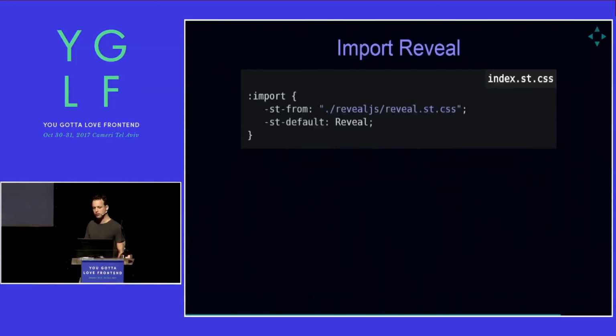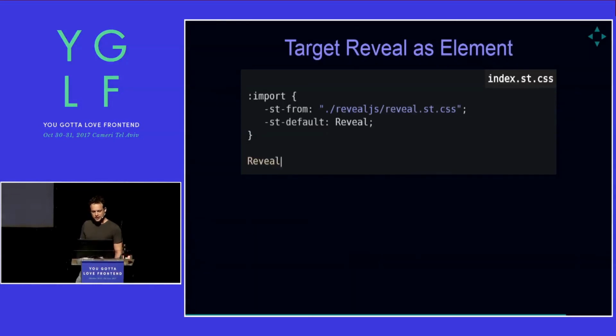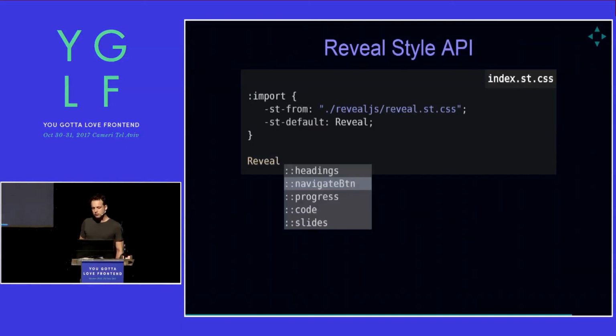So first of all, we can import the Reveal interface just like we imported the gallery or the icon button before. And this time, instead of extending it, giving a class the ability to be with a specific interface, we use it like we use a normal tag selector in CSS, targeting an HTML element. We get completions for what Reveal.js has to offer, and the interface I wrote. We can target the navigate button, which is the arrows at the top right corner of the screen, and we can modify their colors.